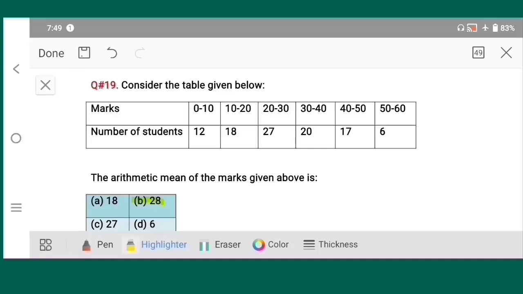Just add 0 plus 10 and divide by 2, so it gives 5. 10 plus 20 gives 30, by 2, 15, and so on. You can calculate it simply by finding the class interval. Here the class interval is 10, so just add 10: 25, 35, 45, and 50 to 60 gives 55.